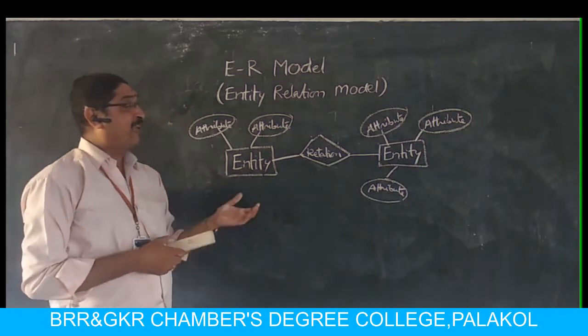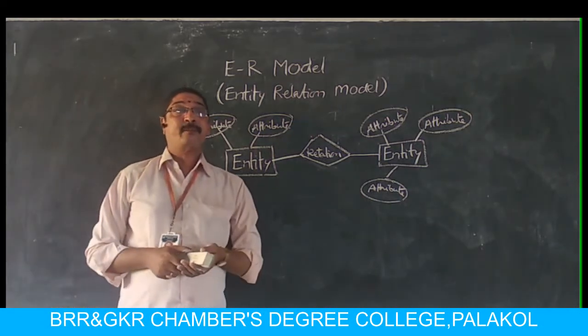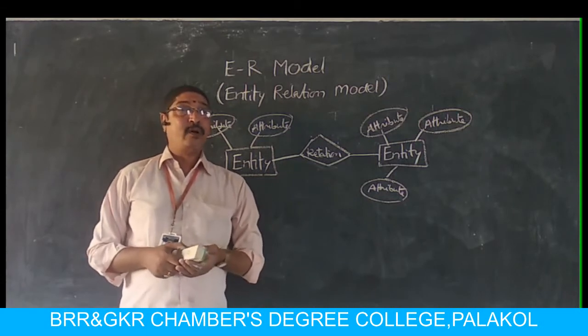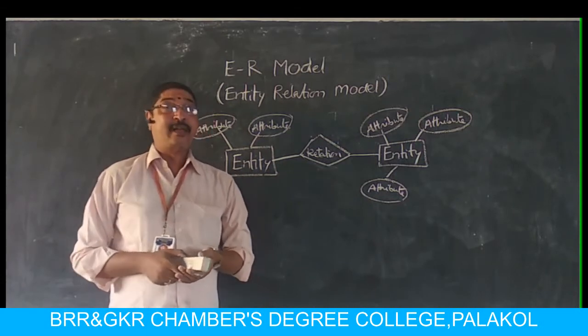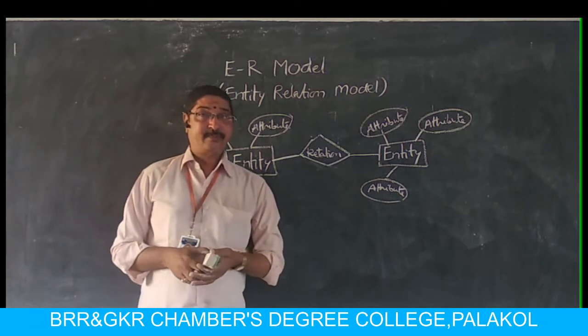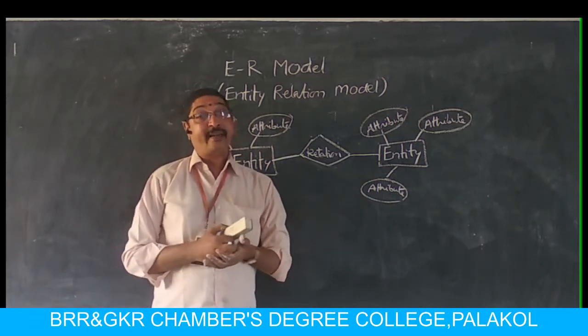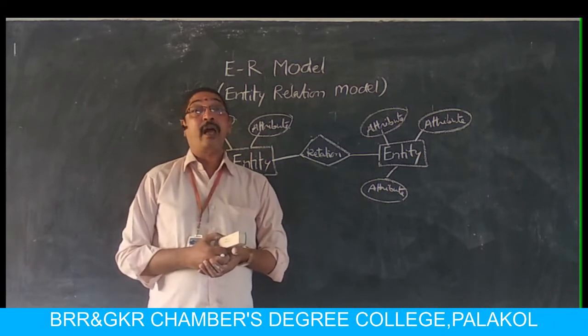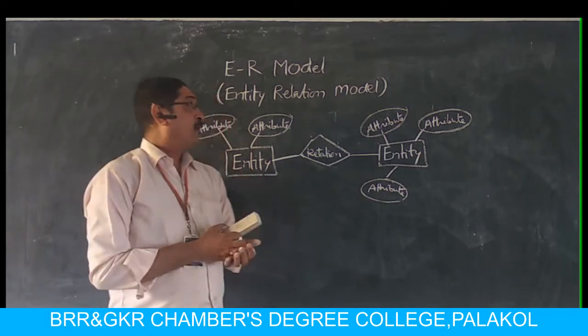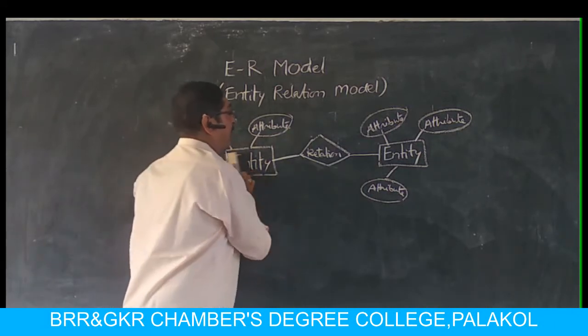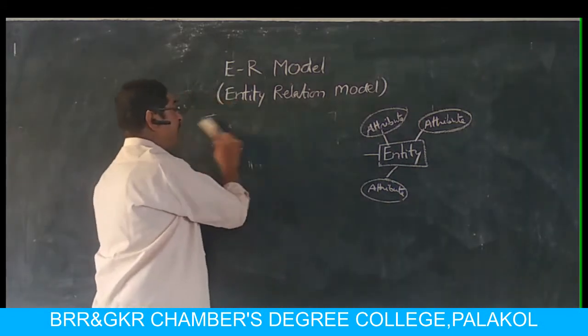Let us discuss the same with a generalized example. All of you know about an education system. Let's say our college system. So in this, what will be the entities and what will be the attributes? First, let us take two entities.